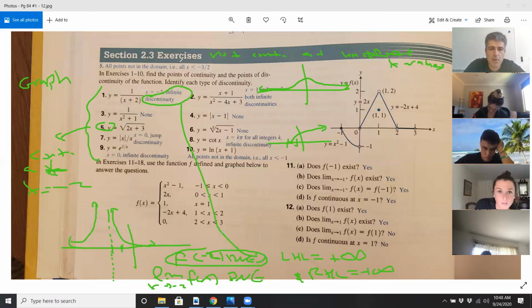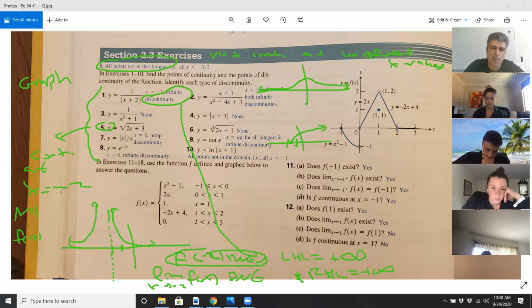No, of course not. It's not continuous at x equals -2 because it's not defined at x equals -2. f(-2) does not exist. So that's what's meant by all points not on the domain being where it's not continuous. That's all. It's not a specific type, though. You can't really label it, so you don't worry about labeling it.